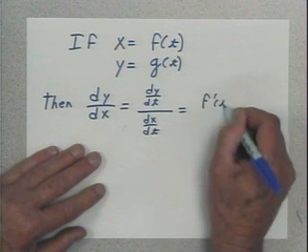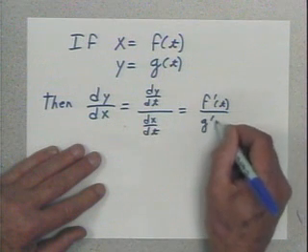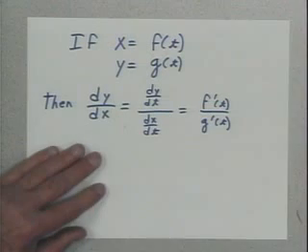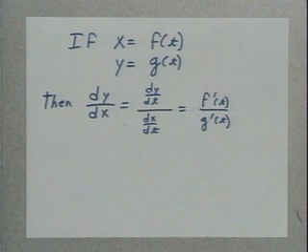Take f prime of t and divide by g prime of t. Same thing. Okay, then we proceeded to find the first and second derivative for a set of parametrics. But I don't think we had a chance to finish that problem, did we?